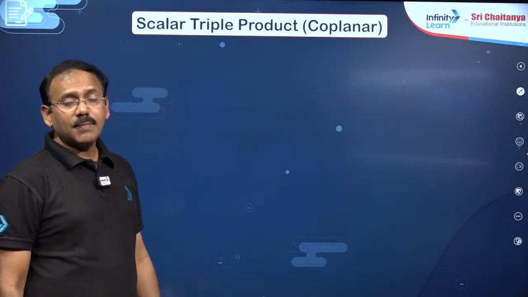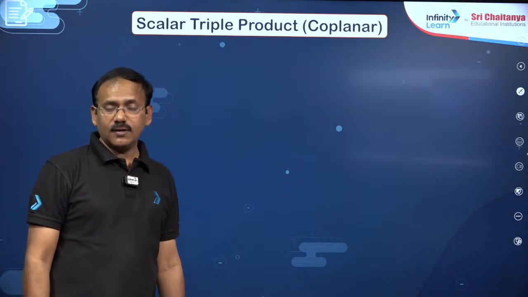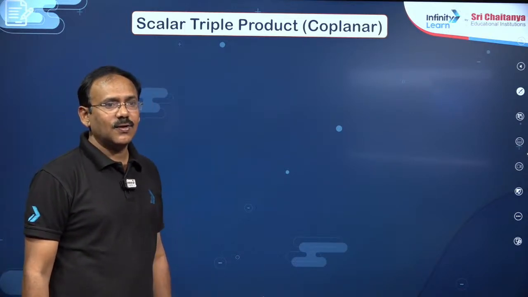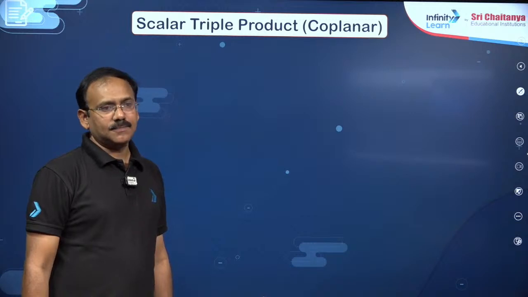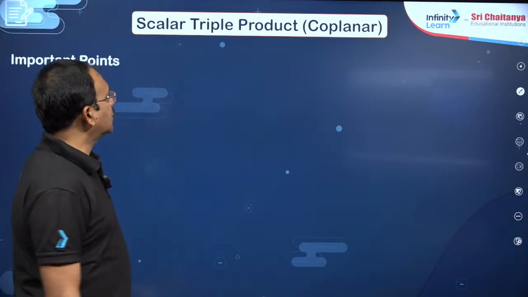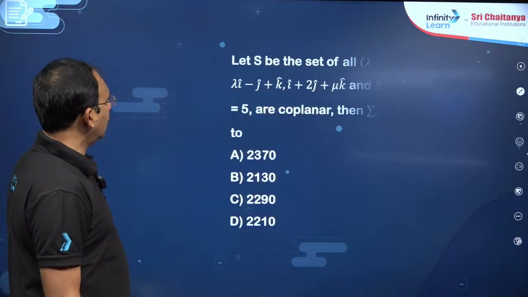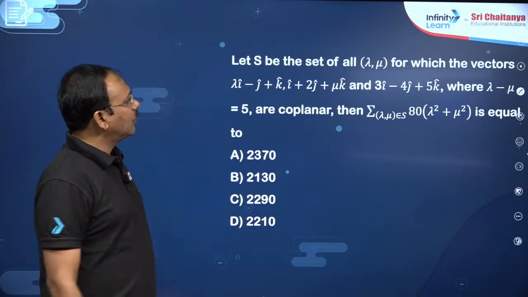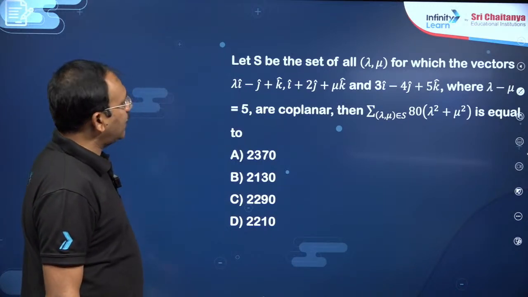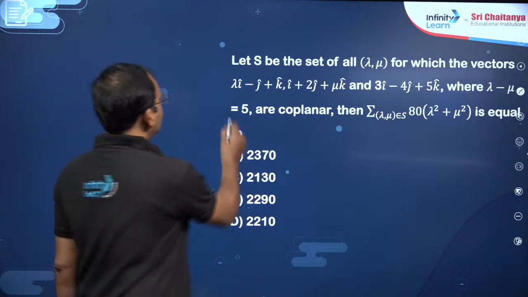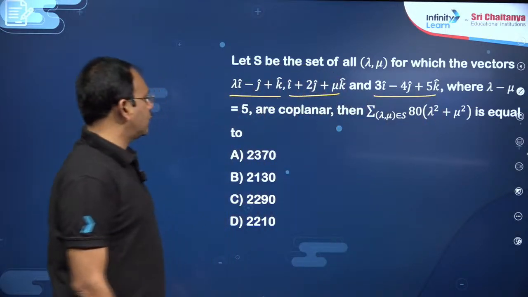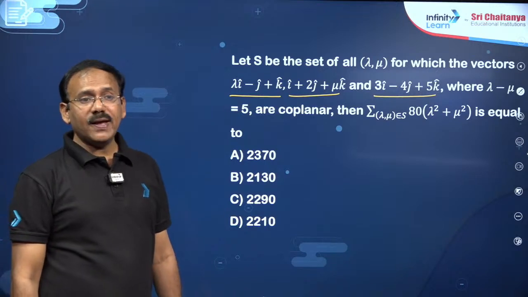Next, scalar triple product is one of the important ones, where box ABC is just like a determinant, my dear friends. Okay, yeah, right. The next, dear students: let S be the set of all lambda and mu for which the three vectors given, first vector, second vector, third vector, where lambda minus mu is equal to 5, are coplanar.